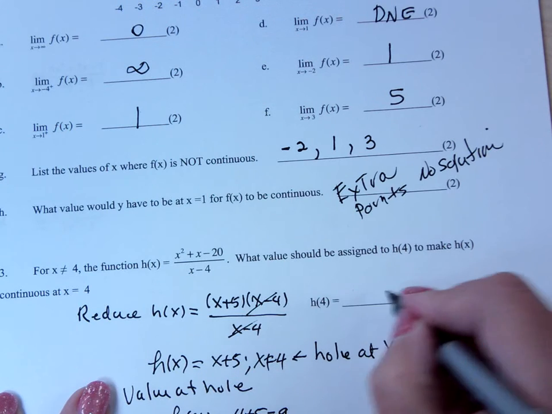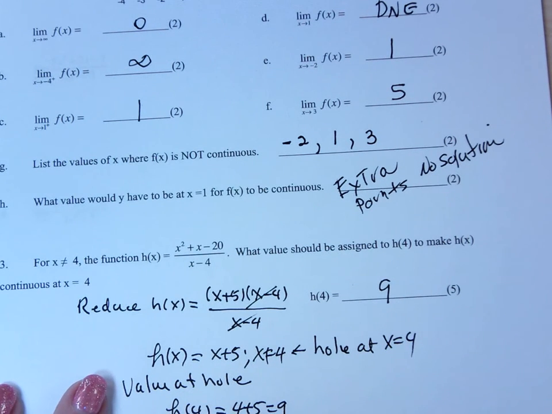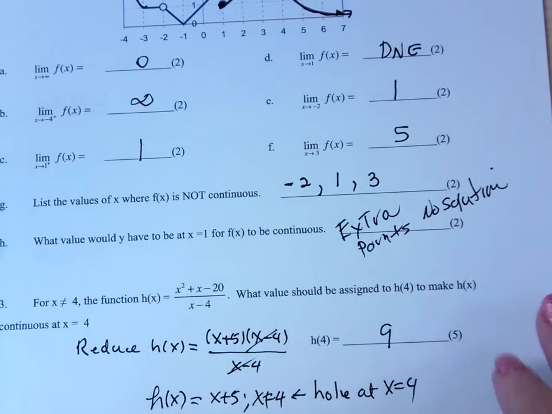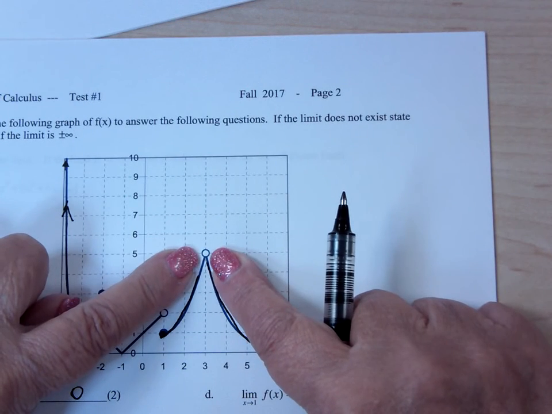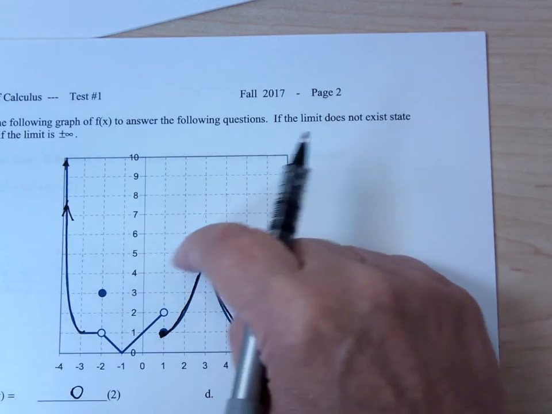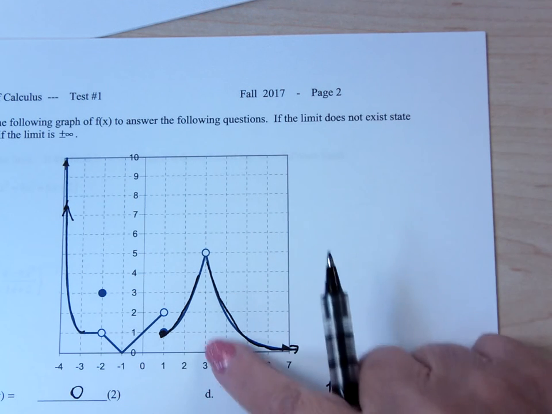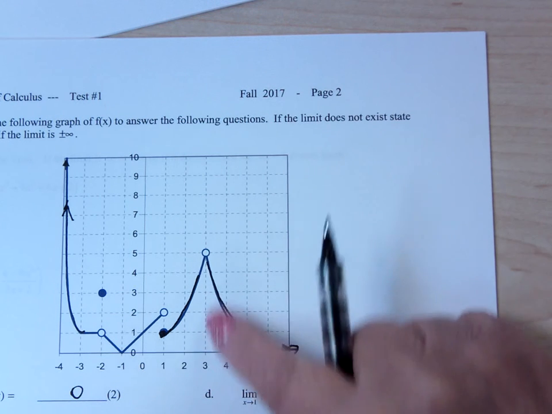So essentially h of 4 would have to be 9 in order to have it be continuous. That's the same question that I screwed up on part H above. That's essentially what would happen. There's a hole in the graph. What's the value at the hole? Value at the hole is 5, which would be f of 3. If that were actually filled in, it would be f of 3.